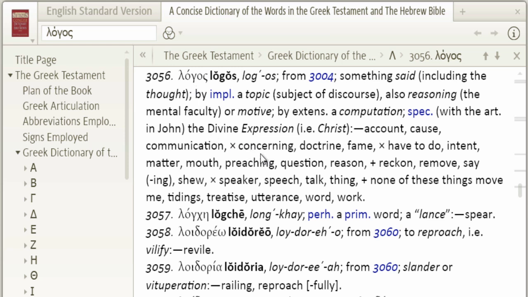There's no Bible references in here mentioning that, well, in Acts it's translated this way, or in Luke or one of Paul's letters it might be translated cause. You won't find that in the concise version. You'll only find really ways that this Greek word is or can be translated.